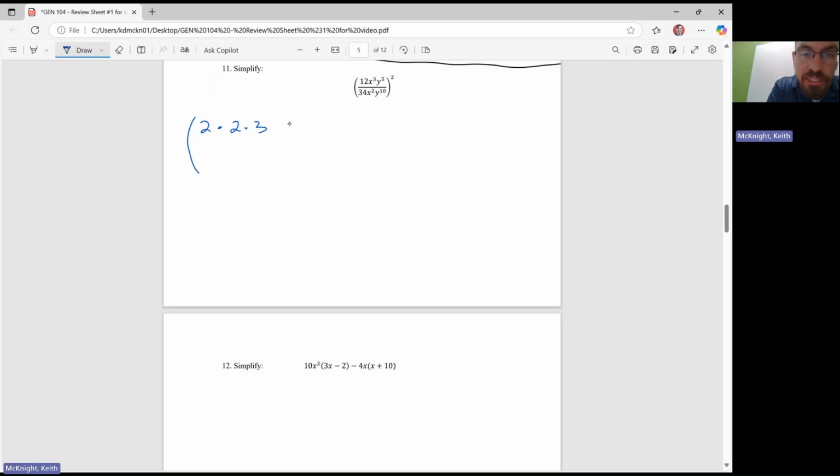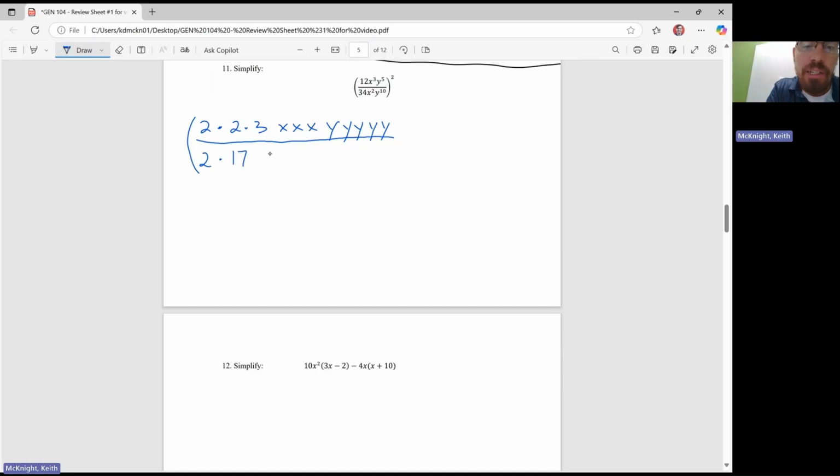Now, x cubed can be written as 3 different x's, and then y to the 5th can be written as 5 y's. Now, I know it seems a little tedious to write it out like this, but I promise you, it will make sure you do not make mistakes. So now, on the bottom, we have 34. Well, that's 2 times 17, and that's all that is, because 17 is prime, so we can't go any further than that.